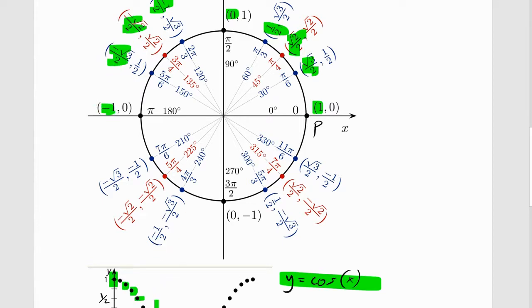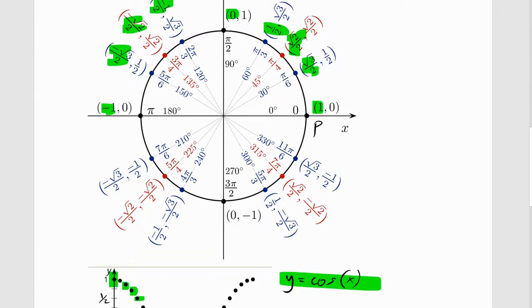So with 2 pi thirds, you get to negative 1/2, which is right there. I'll go ahead and write that in. All right. And then you get smaller and smaller, so 5 pi sixths, it's right there. And then you get to negative 1 all the way here.